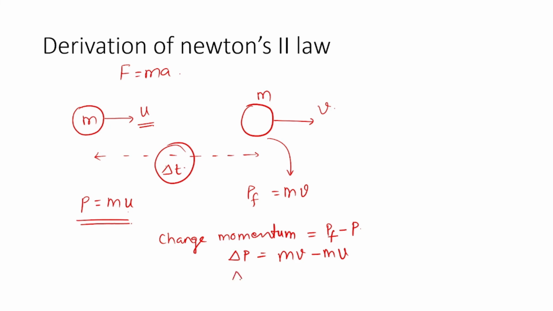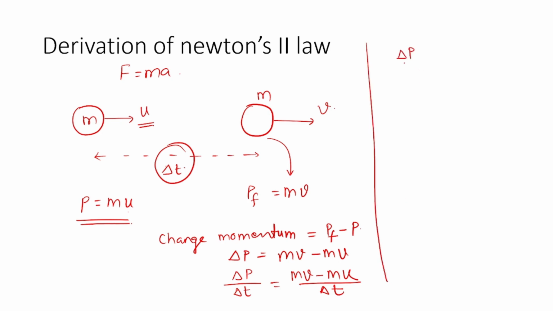So if we divide change in momentum by time, we get delta P by delta t is equal to (mv minus mu) by delta t. Now we can write it as delta P by delta t is equal to m (v minus u) by delta t.